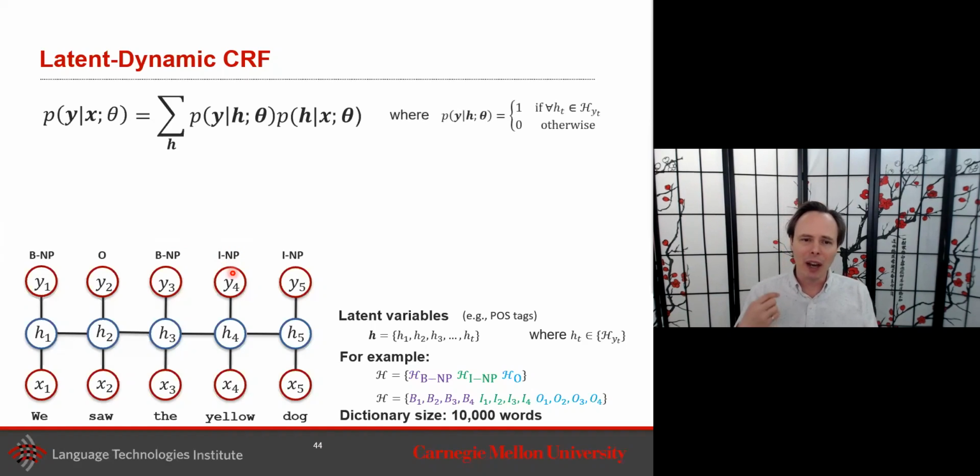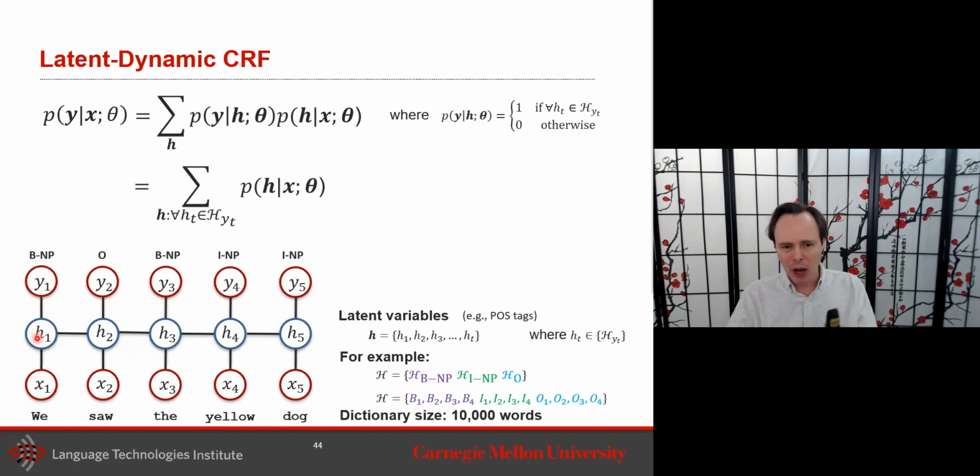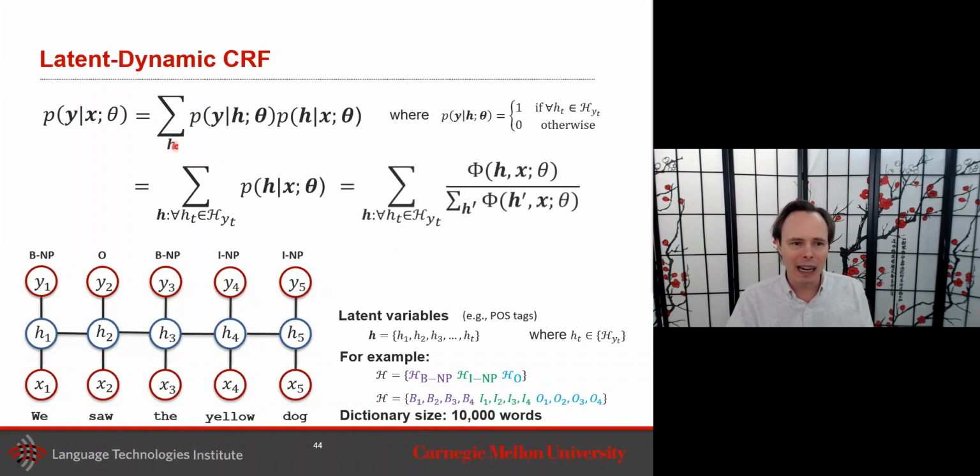If you make this assumption, which is an interesting assumption, that for each of my labels I will have a subset of hidden states, then the latent dynamic CRF ends up being mostly the same equation as the CRF, but with a different kind of summation. And that summation just correctly assigns hidden states to their label. That's what it does in the CRF.